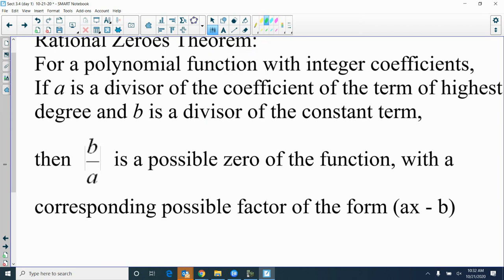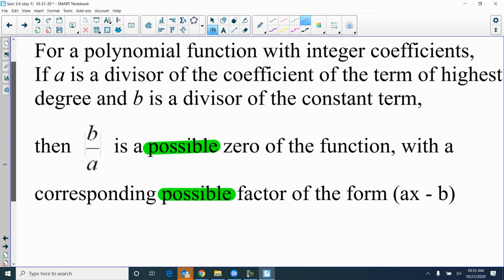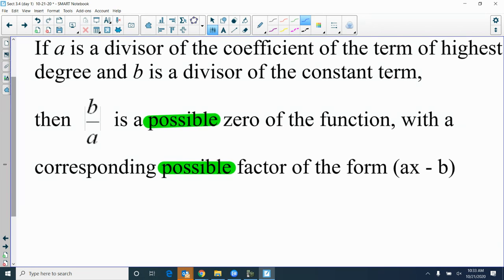Okay, so that's the one key thing: possible zero, possible factor. All right, so think about this.